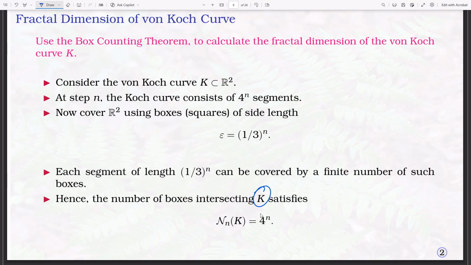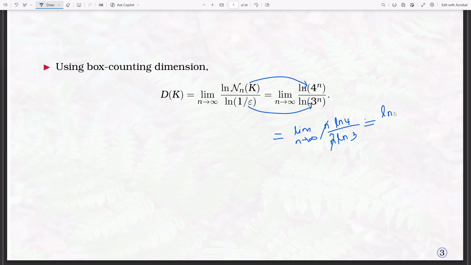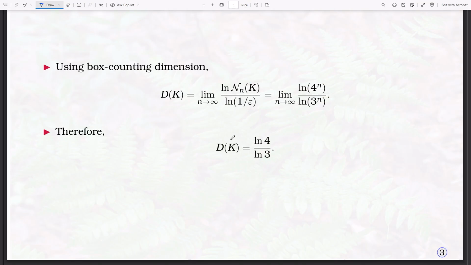Now, as per the box counting theorem, the limit as n tends to infinity of ln N of K over ln 1 by epsilon, here it is 4 power n over 3 power n, gives the limit of n times ln 4 over n times ln 3. This n will cancel, it does not depend on n, so we get ln 4 by ln 3. Therefore, the box counting dimension of the von Koch curve K is ln 4 by ln 3.